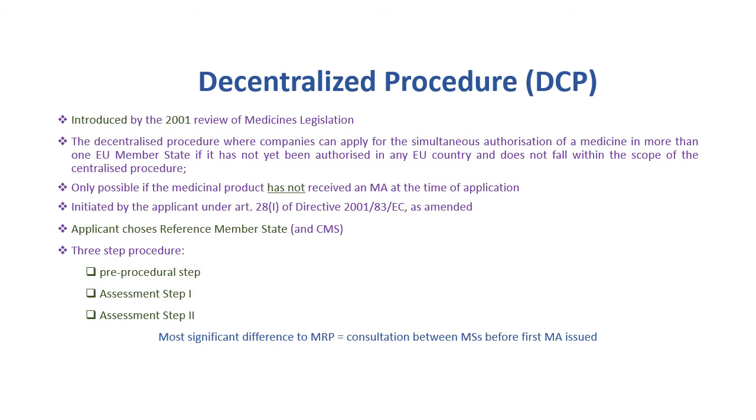The decentralized procedure is a three-step procedure. First is the pre-procedural step. Second is assessment step 1. Third is assessment step 2. And the significant difference from the mutual recognition procedure is the consultations between the member states before the first marketing authorization is issued.